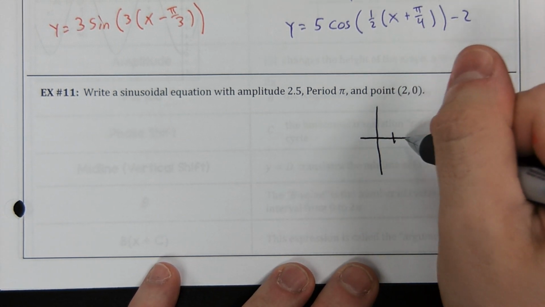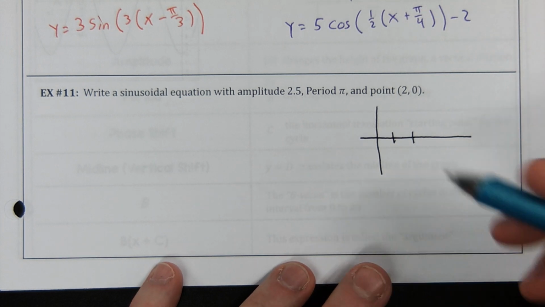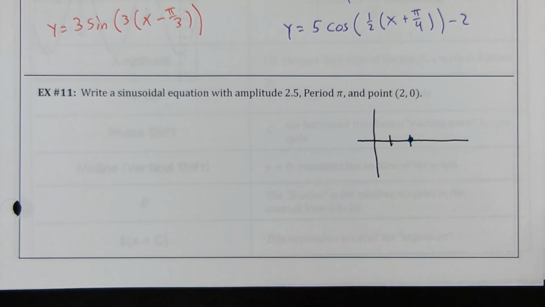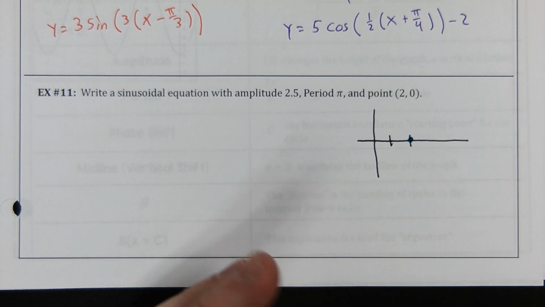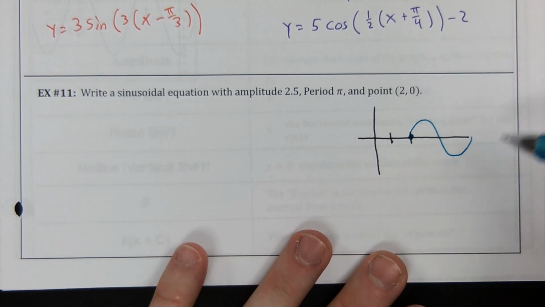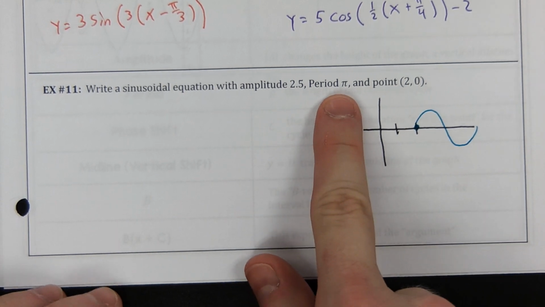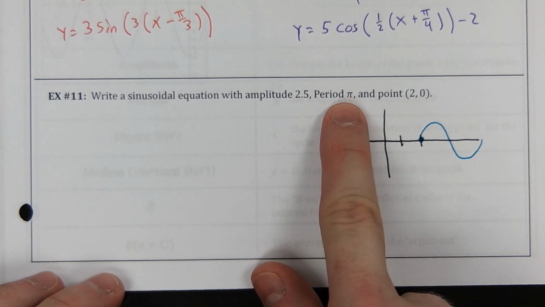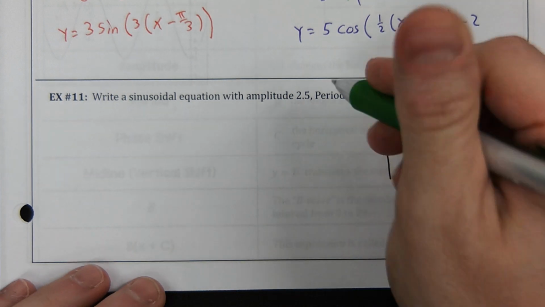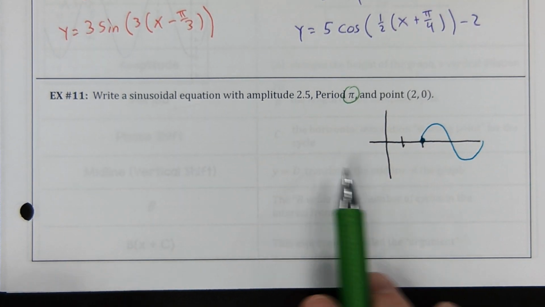Wouldn't it be easiest if it just started at (2, 0)? Wouldn't that be easy? You were told what the amplitude is. Again, the hardest part would be getting the period length, if you set it up like that.